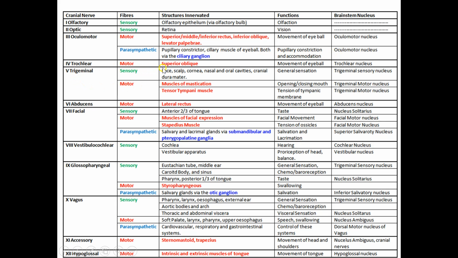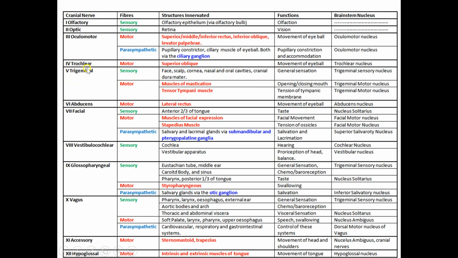The trochlear nerve supplies only one extraocular muscle, superior oblique, which again is involved with movement of the eyeball. Then the abducens nerve, sixth cranial nerve, supplies the lateral rectus, pure motor, movement of the eyeball, with the abducens nucleus in the brainstem.